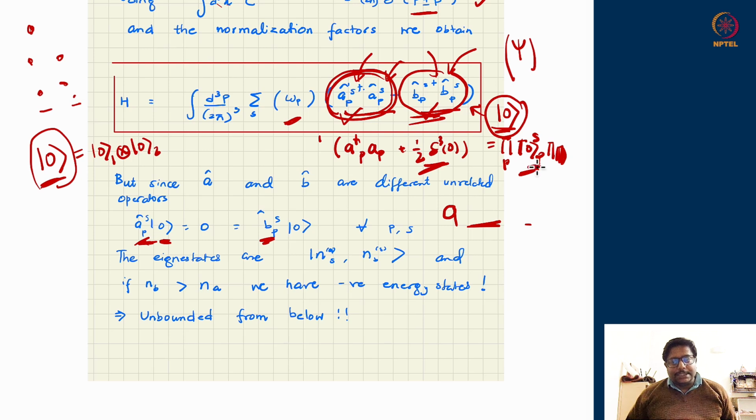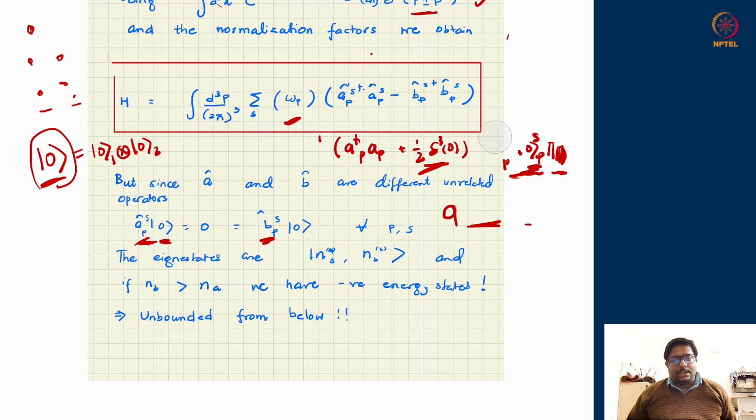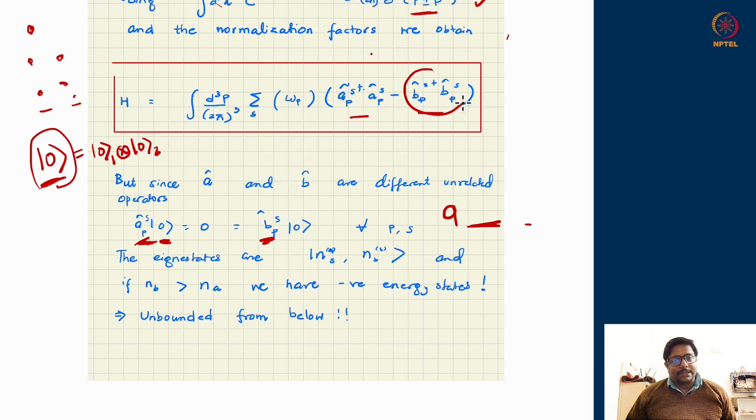Just like different p's oscillator structure did not command what other oscillators' excitation should be, similarly, the positive frequency sector does not command what has to be the excitation in the negative energy sector. How many particles I keep in oscillators of one kind does not determine how many particles of those oscillators I should keep in the negative frequency side. So these are independent excitations, and therefore there is a problematic possibility that I can excite the negative frequency particles more than the positive frequency particles, and I lead to a Hamiltonian which is negative.